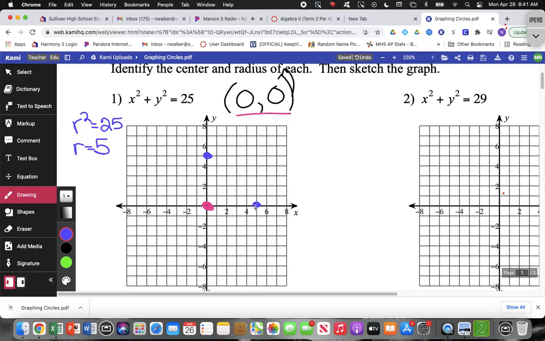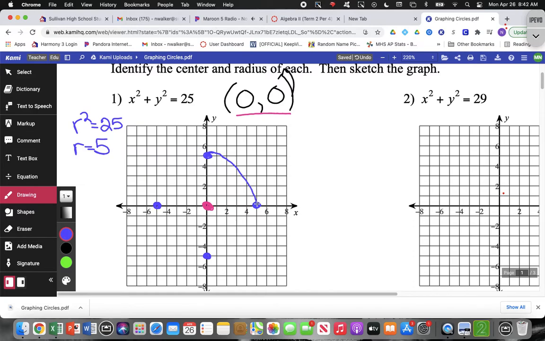So I'm going to go out 5 to the right, out 5 from the center to the left, and then go to the center and go down 5. That kind of gives us a guide. The circle never goes through the center point, but it helps us get started. So now we are going to create a circle.